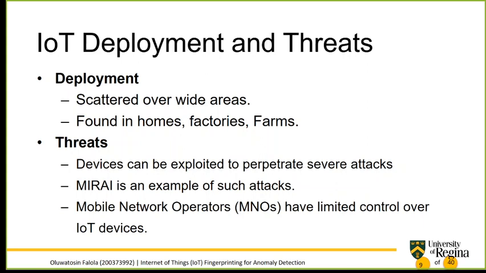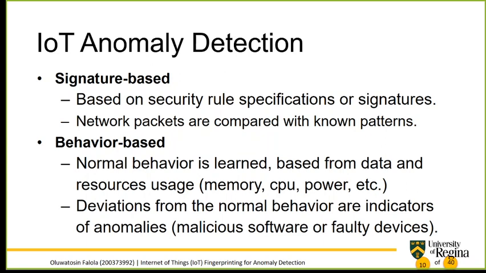Mobile network operators have limited control over these devices that are being deployed, and as a result, they try to use network features to understand which of the devices are doing well or not. Now, that leads to anomaly detection.